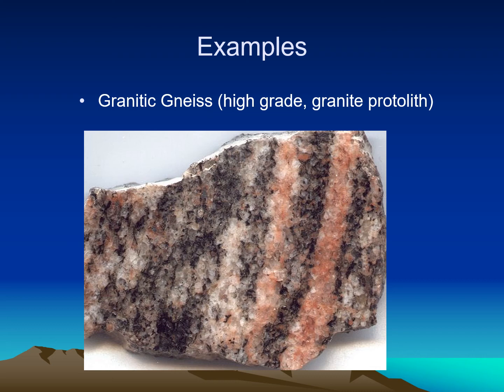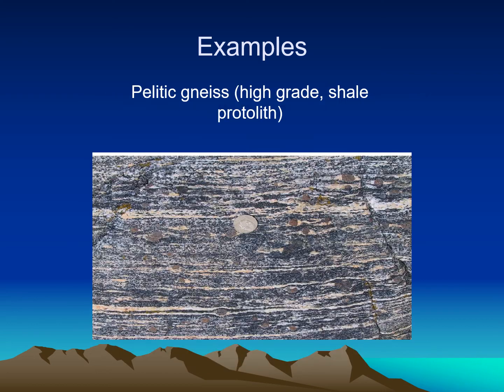So this is a granitic gneiss, meaning that it's banded gneiss, it's a high-grade metamorphic rock, and the parent rock was granite. And you can tell from looking at it. I mean, it looks like granite, doesn't it? Except that you have light minerals together and dark minerals together in alternating bands.